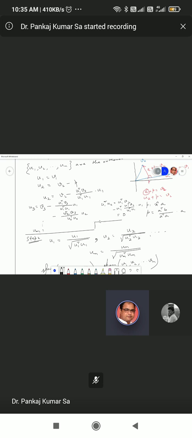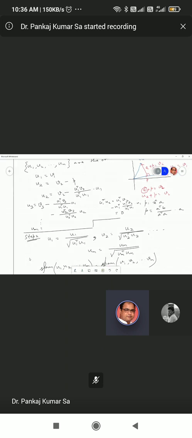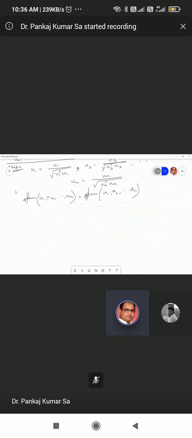So what we saw in the very first class: if something is the span of V1, V2, Vn, their linear combinations also hold the same span.